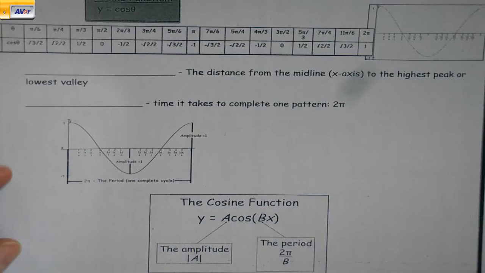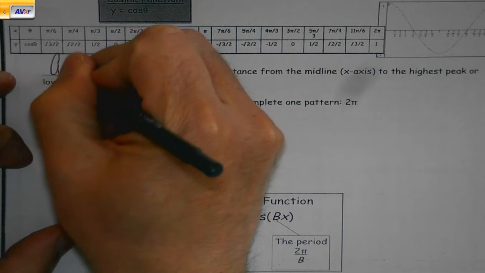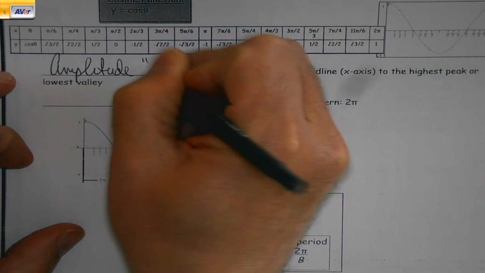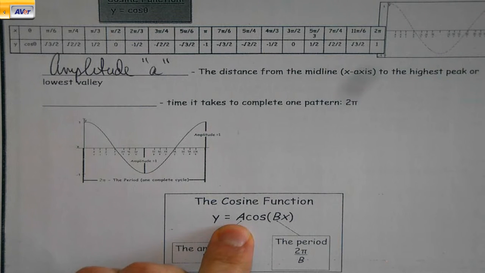So okay, as we were talking about, we've been dealing with the sine function, but we're going to go up to the cosine function. Here's what the cool thing is about this cosine function. We are still going to be dealing with the amplitude, or the a value. It's going to be in the same place, right in front.